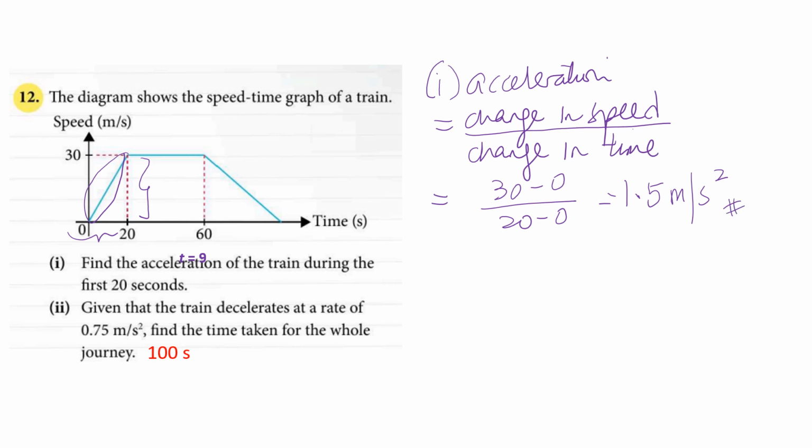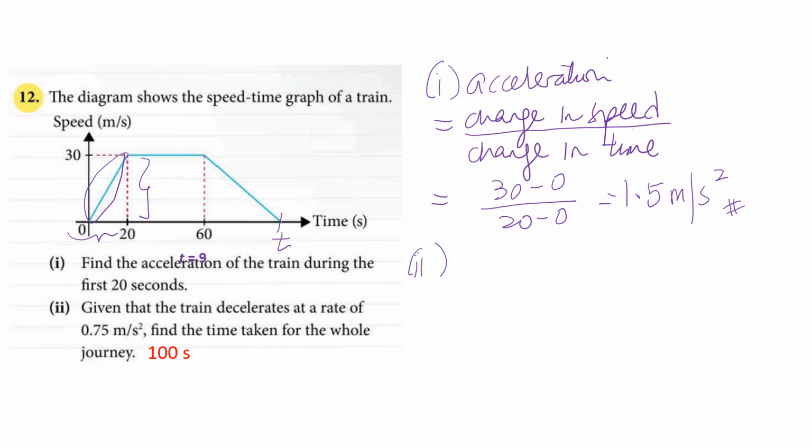Right. The second part of the question requires you to find the time taken for the whole journey. If I let the time taken for the whole journey be t seconds, that means it takes t seconds for the train to complete the journey.